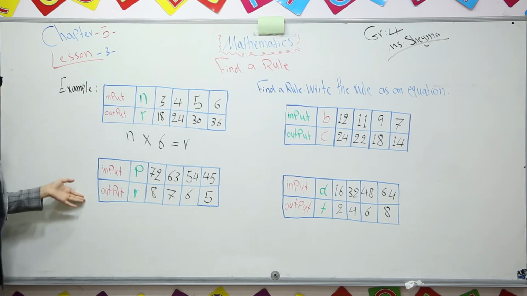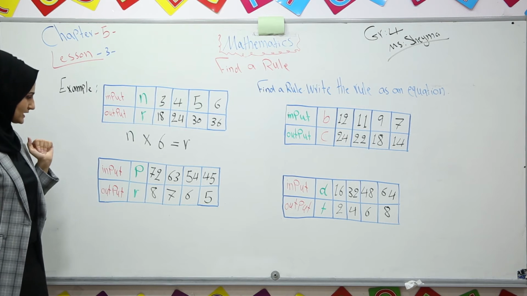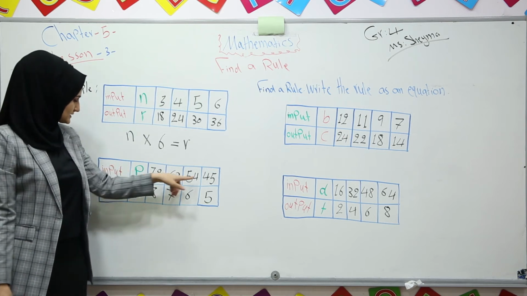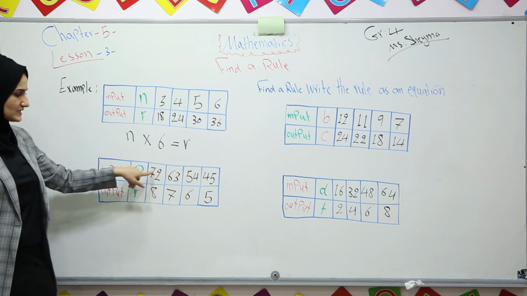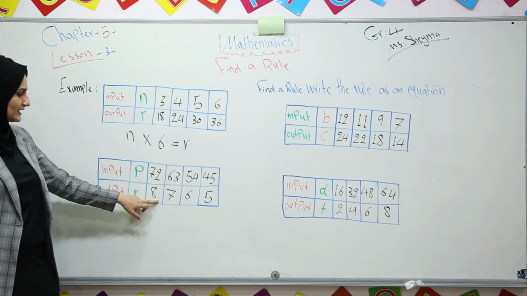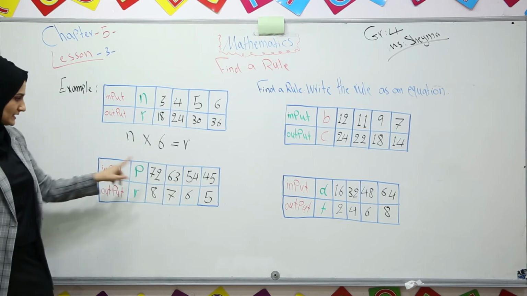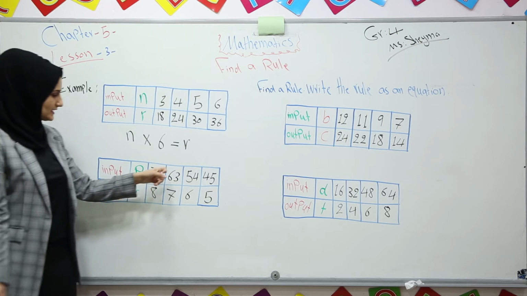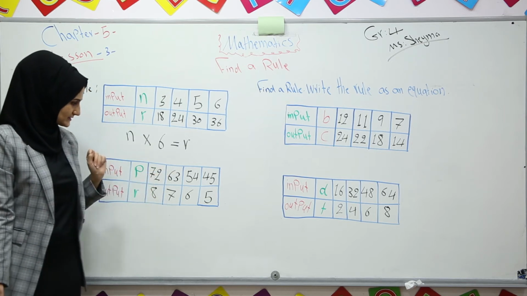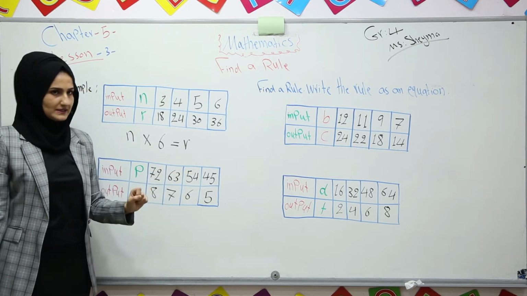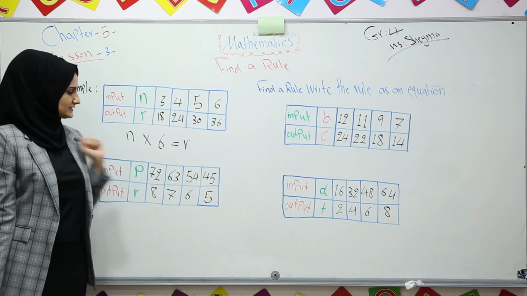We have another box, input numbers and output numbers. First, look at these input numbers. They are greater than the output numbers. 72 is greater than 8, 63 greater than 7, 54 greater than 6, 45 greater than 5.